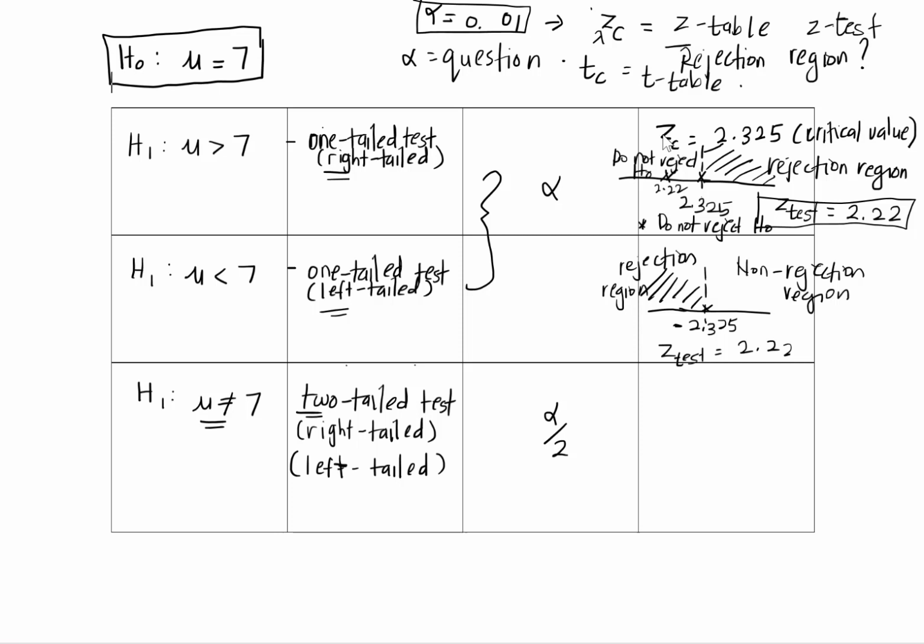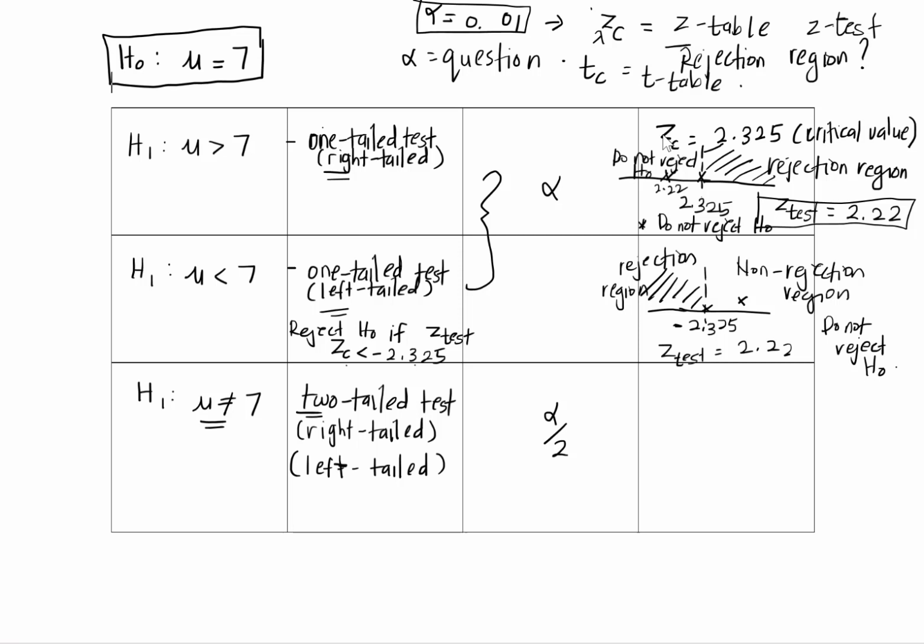So we reject H naught if our Z test falls in the region ZC less than negative 2.325. Our Z test of 2.22 comes from here, so we do not reject H naught.